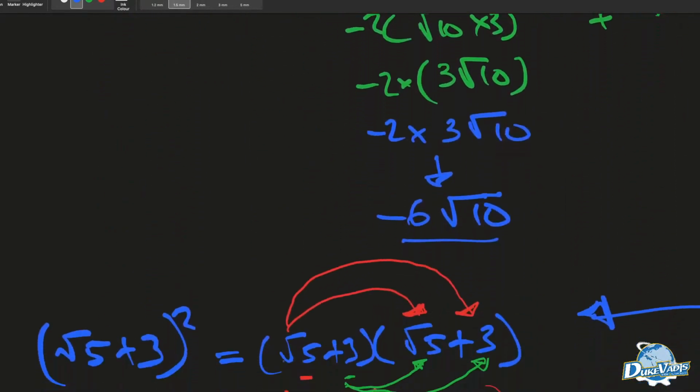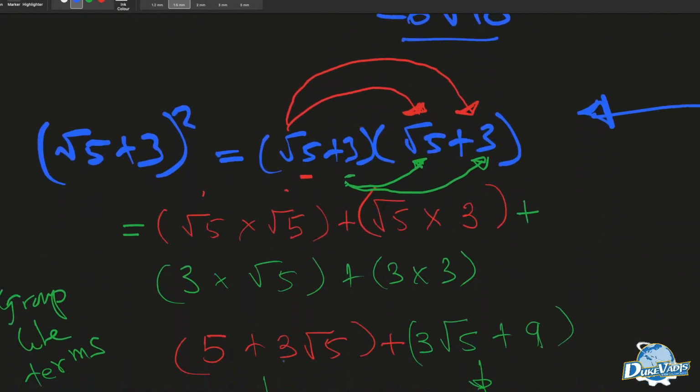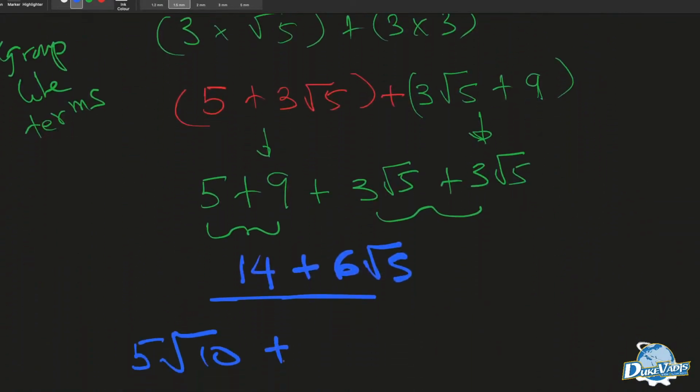Our answer was minus 6√10. So this is minus 6√10. Okay, and the last bit is 14 plus 6√5.